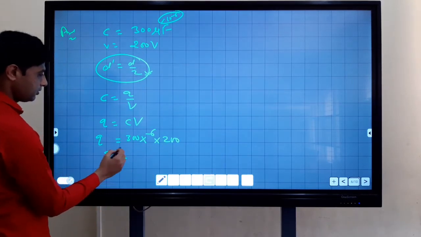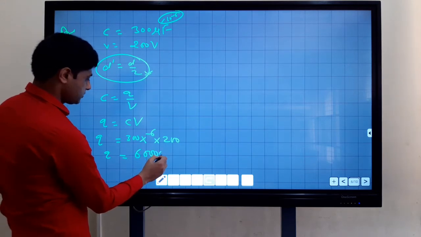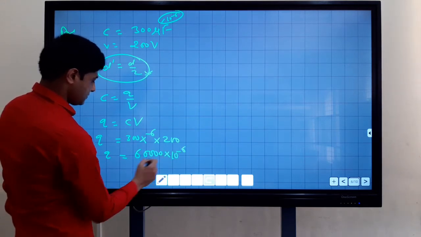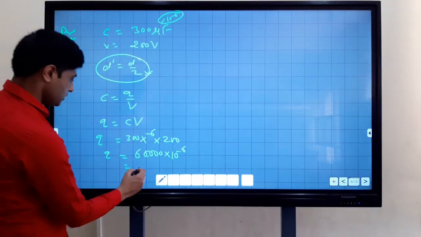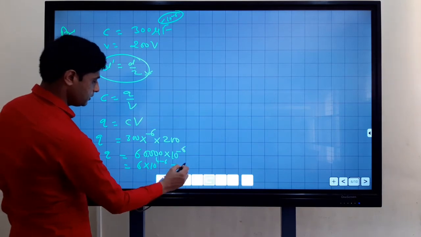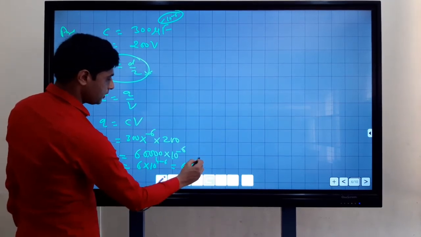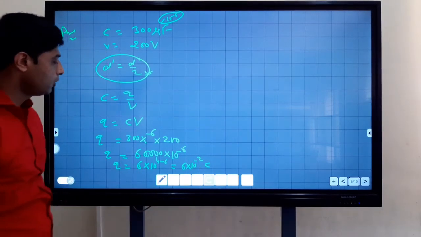It means Q equals 60,000 into 10 to the minus 6. That is equal to 6 into 10 to the power 4 minus 6. It means 6 into 10 to the power minus 2 coulomb. This is the value of Q.